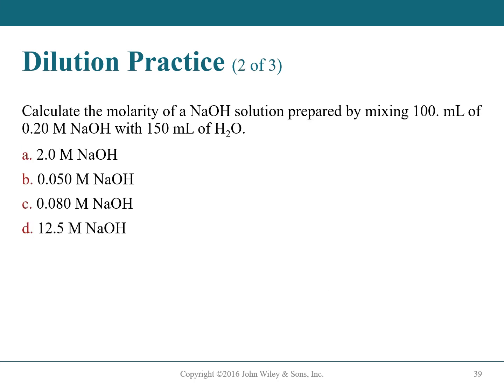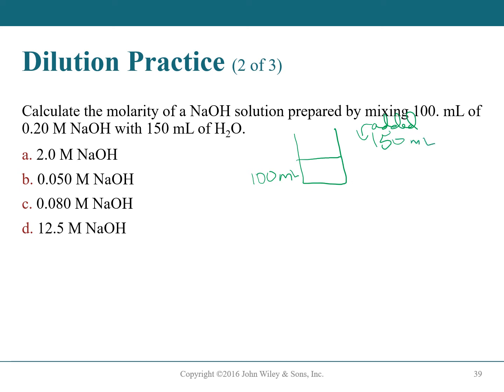Okay, so now let's do one more practice. Calculate the molarity of a sodium hydroxide solution prepared by mixing 100 milliliters of 0.2 molar sodium hydroxide with 150 milliliters of water. So here, I started off with 100 milliliters, and then I added 150 milliliters.